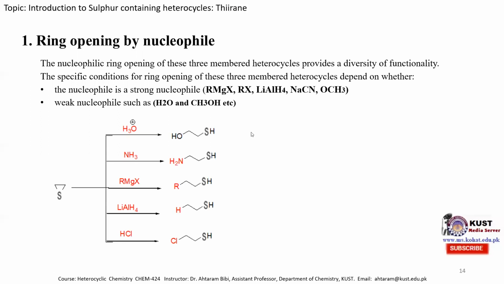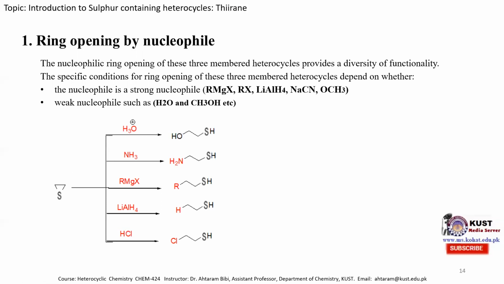And here is the various ring opening reaction. This is thiirane molecule. When it is treated with water molecule, water is a weak nucleophile, and in this case we need an acid to open the ring. So acid will first protonate this sulfur atom, and it makes this carbon more electrophilic, and then the OH attacks on this electrophilic carbon.